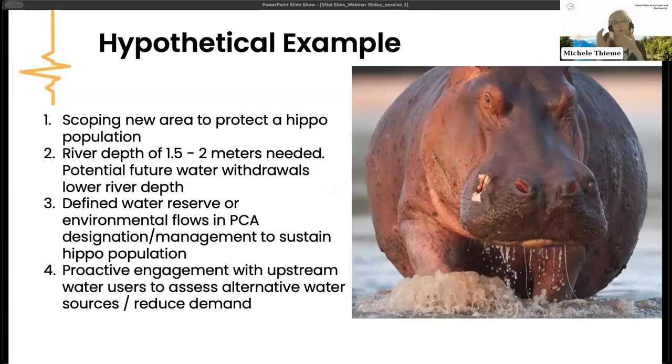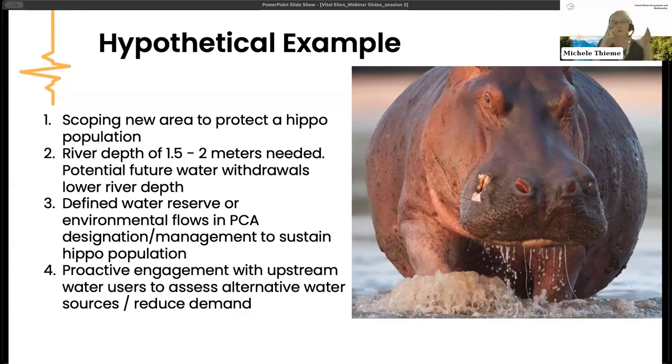So taking those 4 questions and applying them to a hypothetical example. The first, around objectives: we're trying to set up a protected or conserved area that's going to protect a hippo population. We know that hippos need 1.5 to 2 meters of water in the river depths, and that there's a threat to the river depths from upstream water withdrawals.